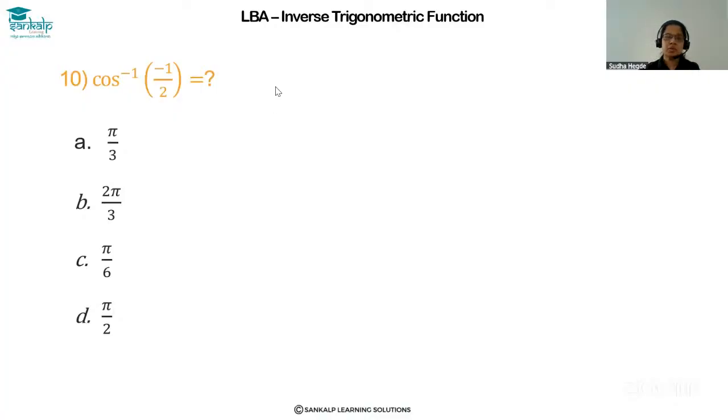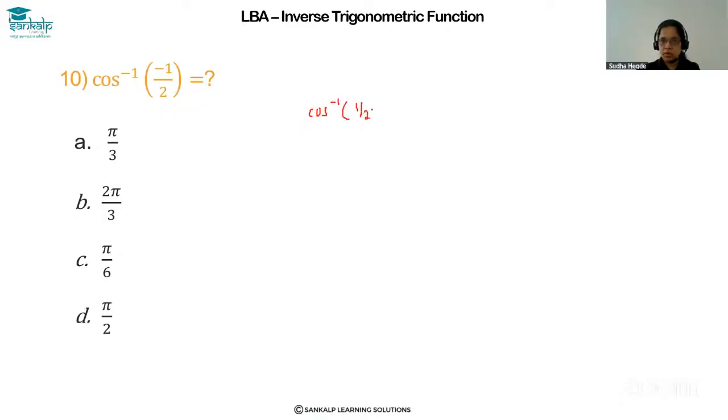Hi students, the question is cos inverse minus 1 by 2 is equal to what? Okay. So before calculating cos inverse minus 1 by 2, let us first calculate cos inverse 1 by 2.